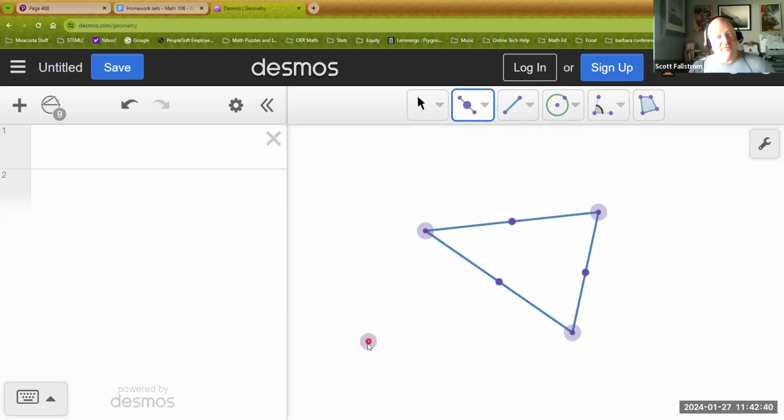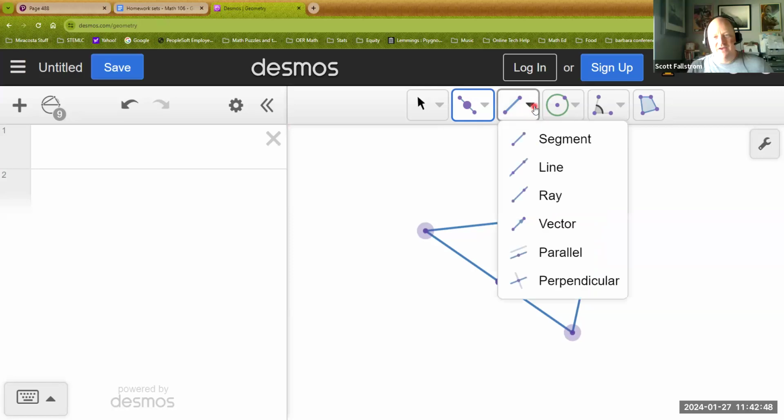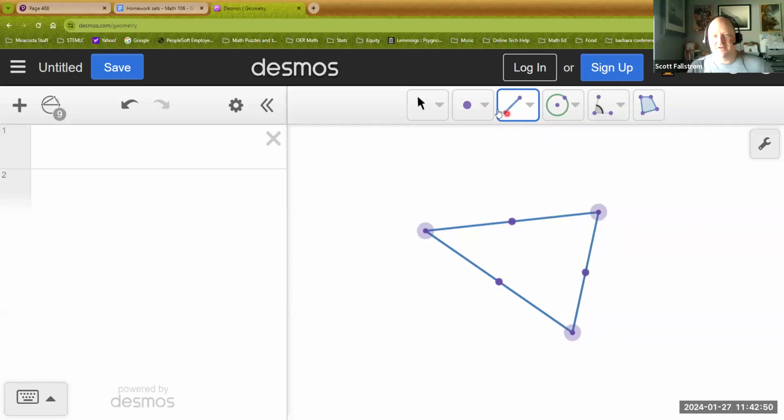Now, you can do it on a computer very quickly. We'll also do it with the compass and a straight edge to show how the computer did it kind of behind the scenes. And then you can create segments. I can create segments from the midpoint to the opposite, from the midpoint to the opposite, and from the midpoint to the opposite.